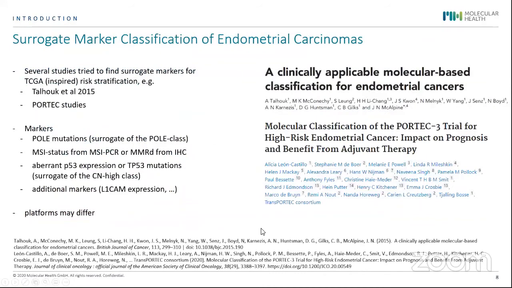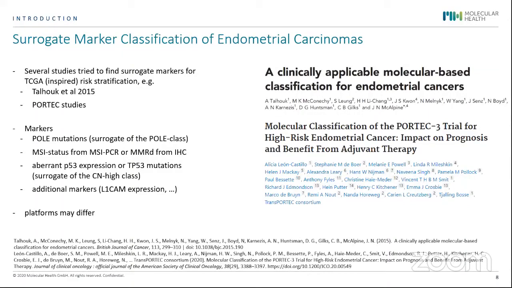And since it is quite unfeasible in clinical practice to this day to do this comprehensive profiling, there have been early on efforts to find, I call it, surrogate markers of these subtypes to do the classification with less effort, with fewer tests.